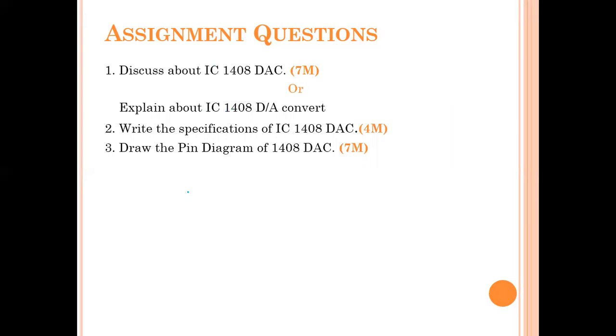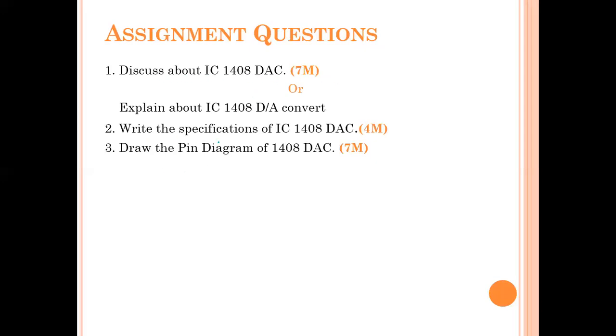By drawing the block diagram, we explain the purpose of each block. Then we go for the single range circuit where we have used current to voltage converters, and then the dual range D2A converter interfacing circuits. Those three circuits have to be explained in this answer.